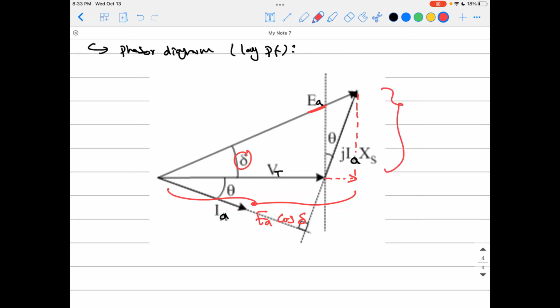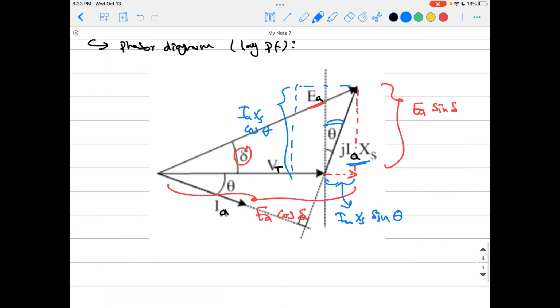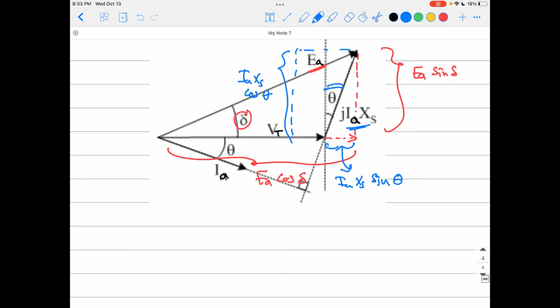This one, all of it, will be EA sine delta. Easy as that. The same thing we can do with this IAXS with the angle theta. So this one here is IAXS cosine theta, while the small part here is IAXS sine theta. Okay, guys, it's just math of triangles, very typical cases used before.